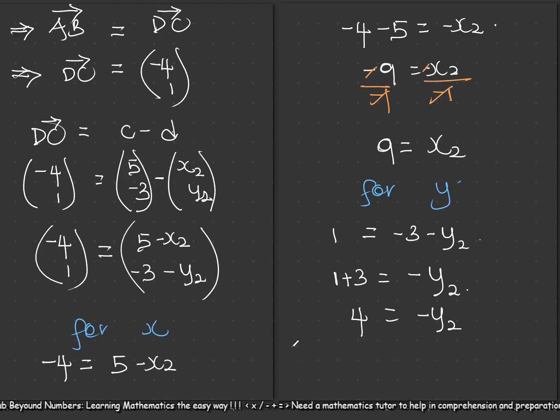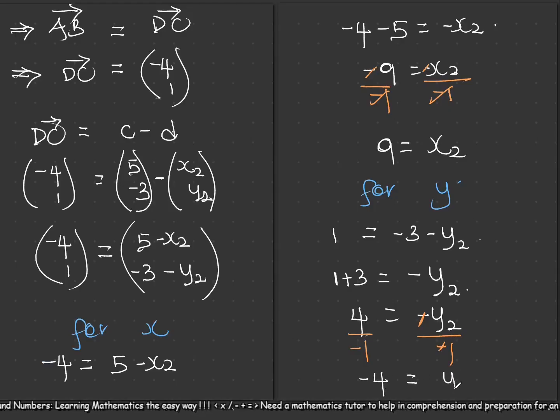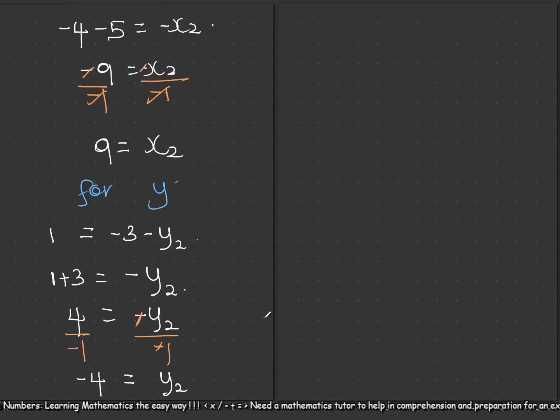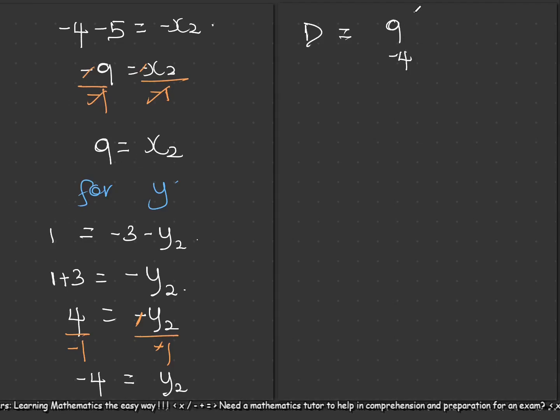Just as before, we divide by -1 to take out the negative. 4 divided by -1 gives us -4. So y2 is equal to -4, and hence D, which was (x2, y2), has coordinates (9, -4).